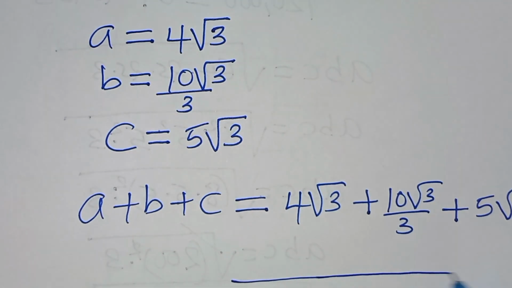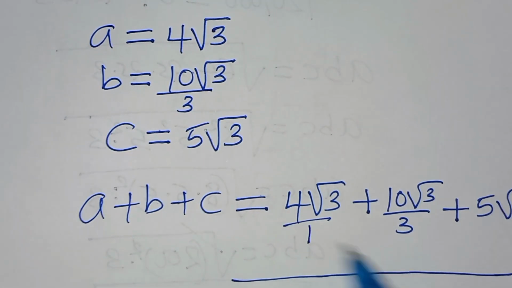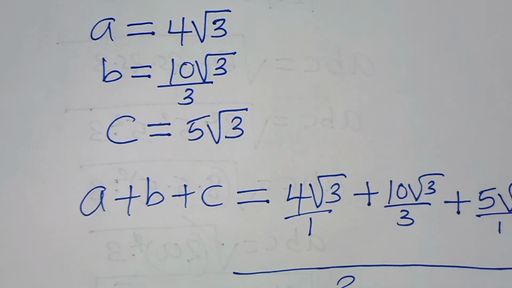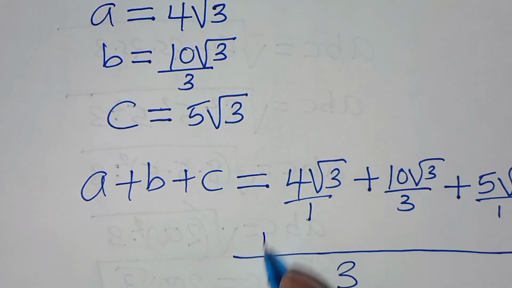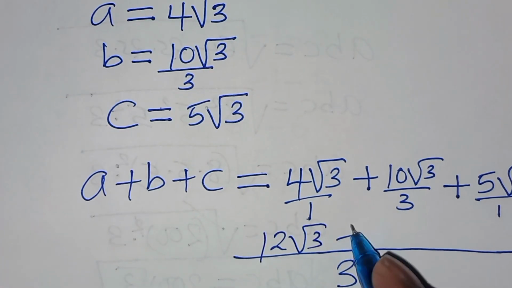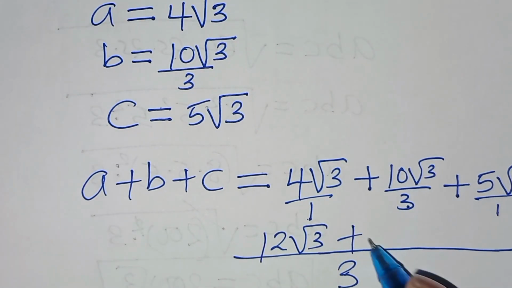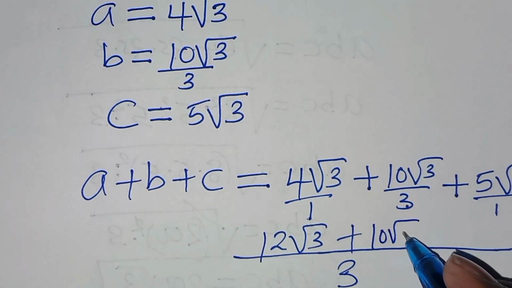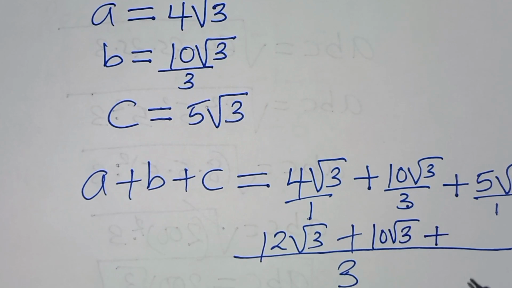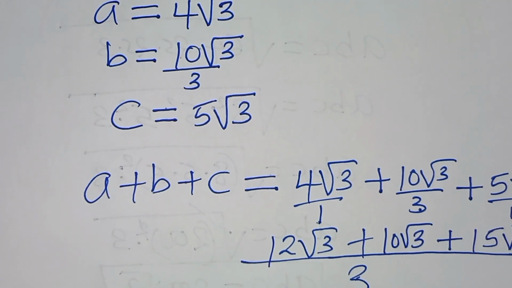The LCM here is equal to 3. So 3 divided by 1 is 3, times 4 is 12 square root of 3, plus 3 divided by 3 is 1, times 10, so 10 square root of 3, plus 3 divided by 1 is 3, times 5 is 15 square root of 3.